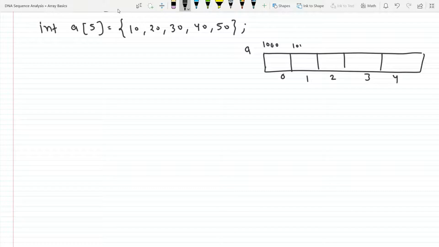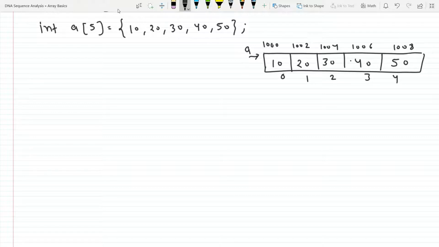The next address is 1002 because it is an integer array, then 1004, 1006, and 1008. So this a indicates this particular array. Initialization is also done: a of 0 is stored with 10, and similarly 20, 30, 40, and 50.